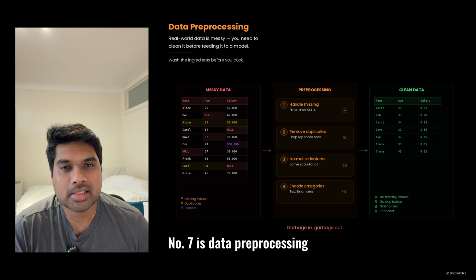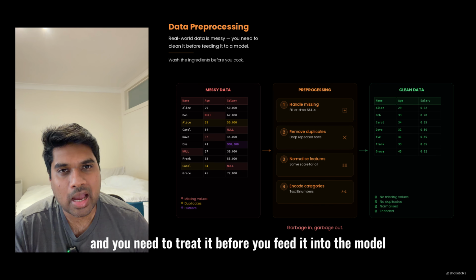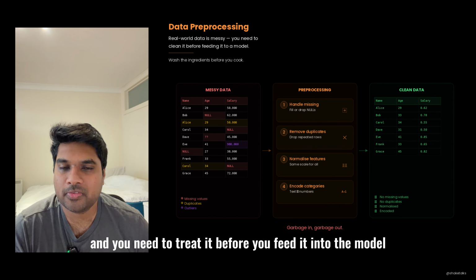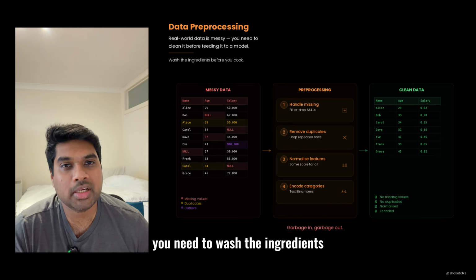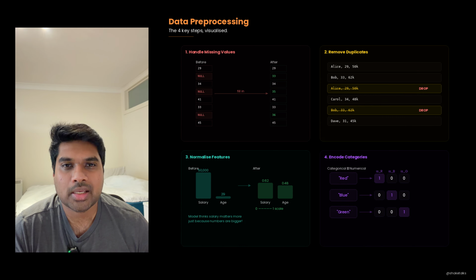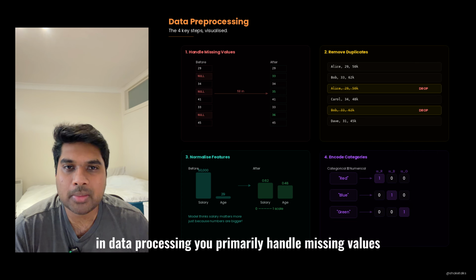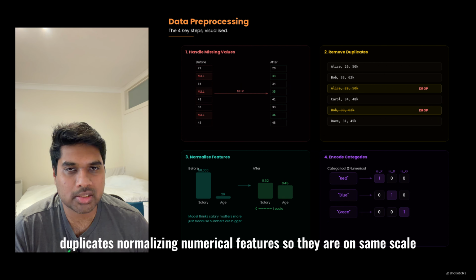Number 7 is data preprocessing. Data you have in the real world is often messy and you need to treat it before you feed it into the model. Think of this as before you cook the meal, you need to wash the ingredients, and that is data preprocessing. In data preprocessing, you primarily handle missing values. You ask yourself, do you fill them in or do you drop them? Remove duplicates.